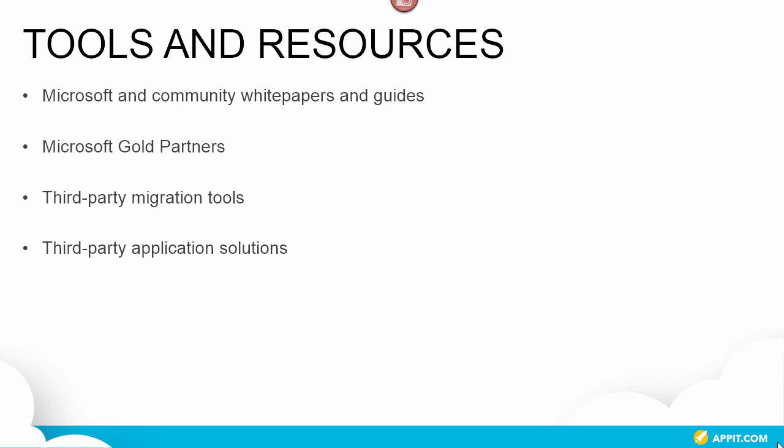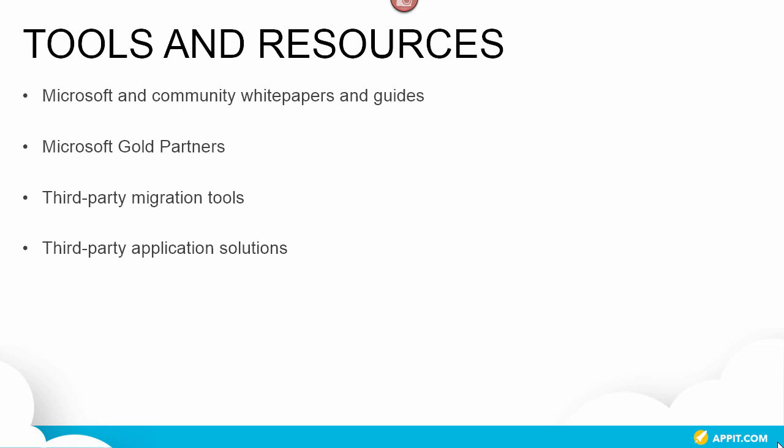In terms of tools that you may be able to use, there are several different third-party migration tools out on the market today that help you take all of the content that you have in your SharePoint on-premises environment and move that up into your SharePoint Online environment. It gives you a nice automated way to make that migration a little bit easier. There are lots of different tools out there.